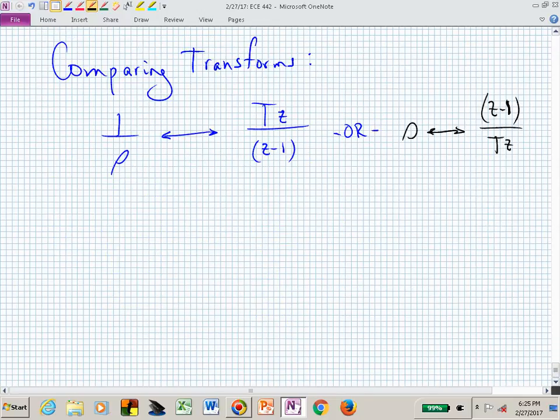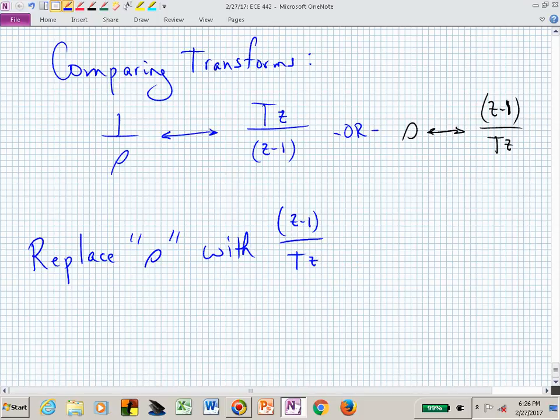And to get the discrete equivalent, I simply replace everywhere in my transfer function capital H of s, where I have an s, I replace it with this expression, which is now z minus 1 over Tz. And that looks similar, except now it has a z downstairs that didn't exist before. But that's what we put into capital H of s to obtain capital H of z.